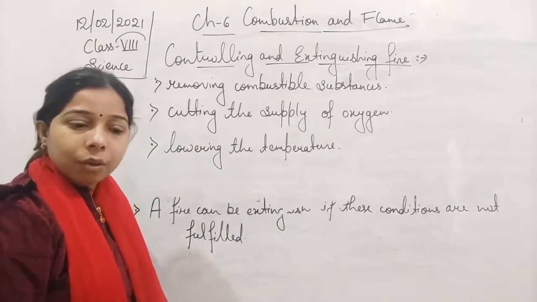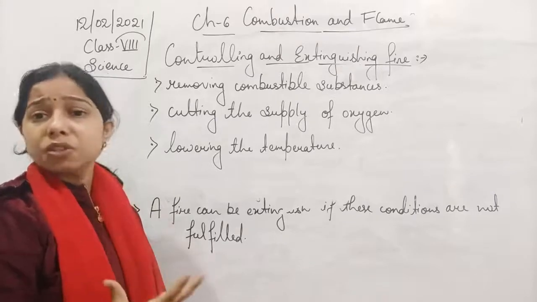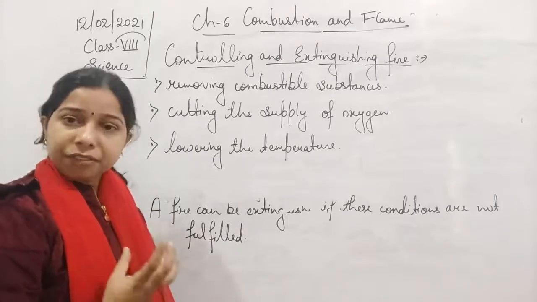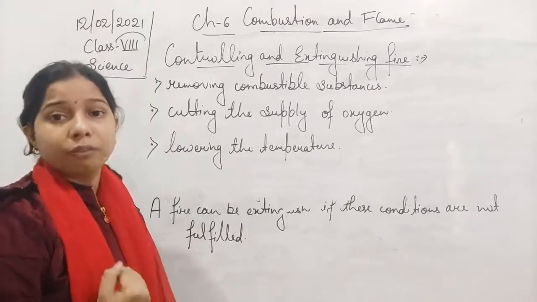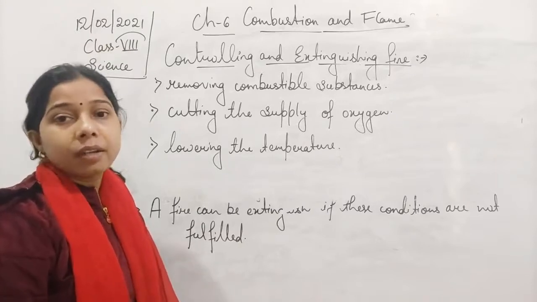Okay, so till now we have understood what are the conditions required for combustion, and if these conditions are not fulfilled, automatically no combustion will take place and the fire will get extinguished.